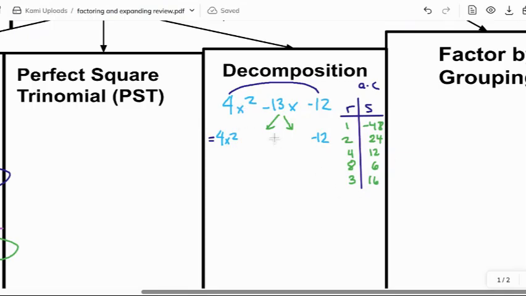I'm taking that negative 13 and breaking it up into 16 and 3. The 16 has to be negative so that I get negative 13. The next step is called grouping.